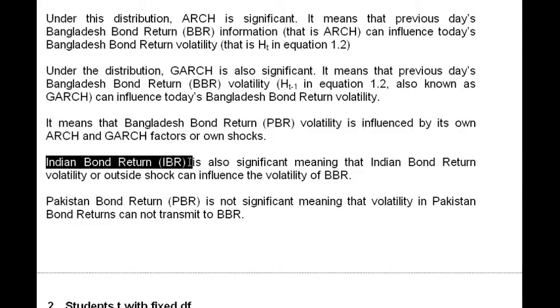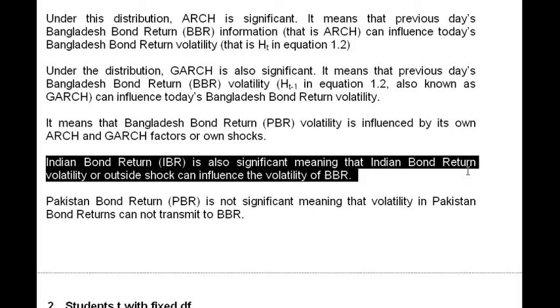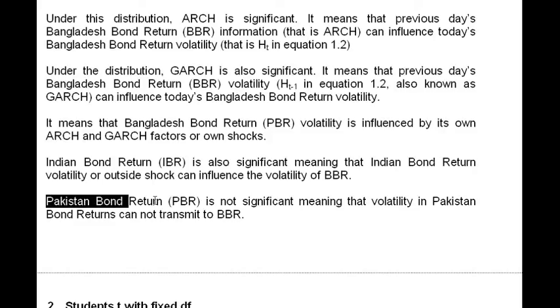And then what about the Indian bond return? This variable is also found significant, meaning that Indian bond return volatility, or outside shock, can influence the volatility of BBR. So that is the outside shock that influences the Bangladesh bond return volatility.